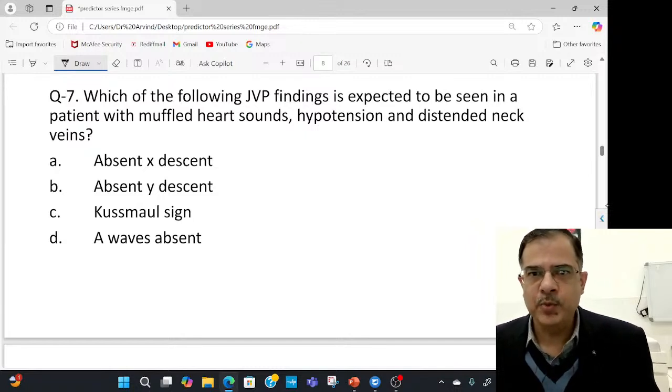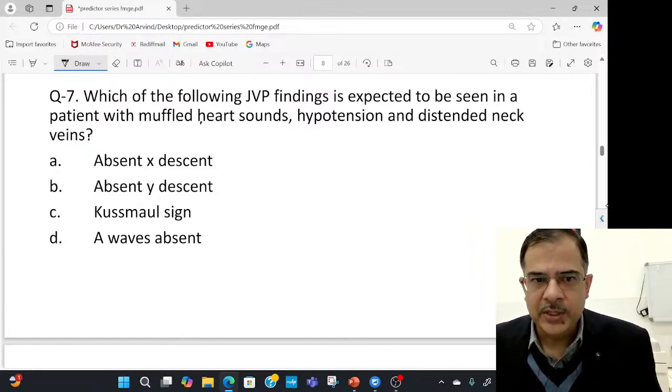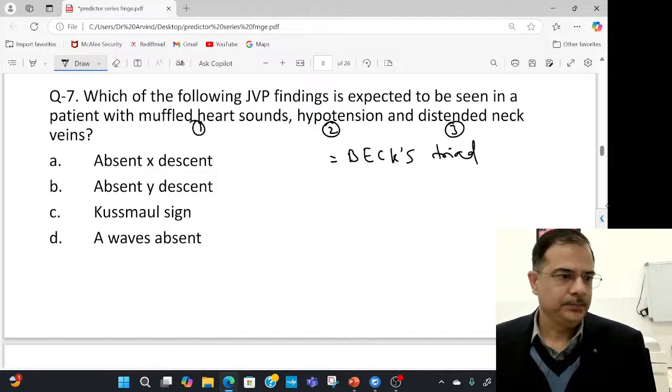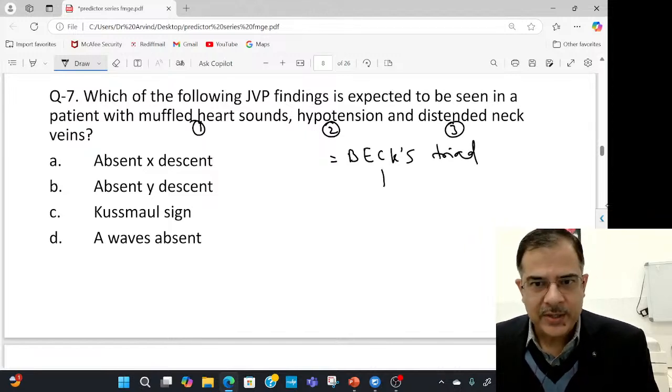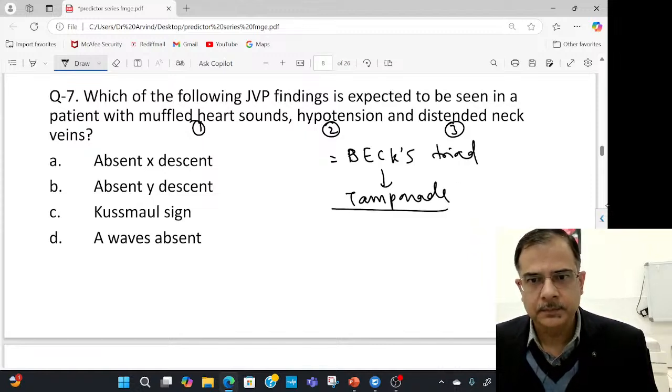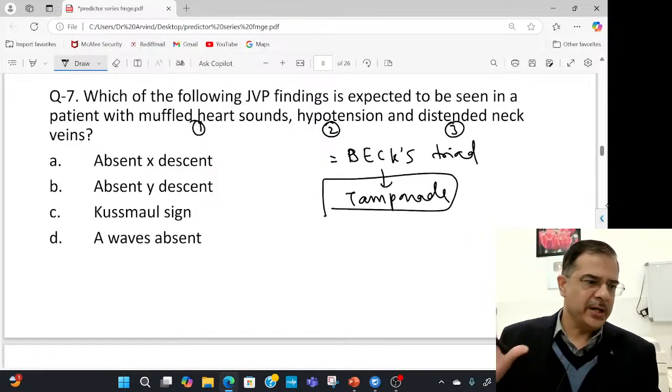Muffled heart sound, hypotension, and distended neck veins. This classical triad is nothing but Beck's triad, and Beck's triad is seen in cardiac tamponade.